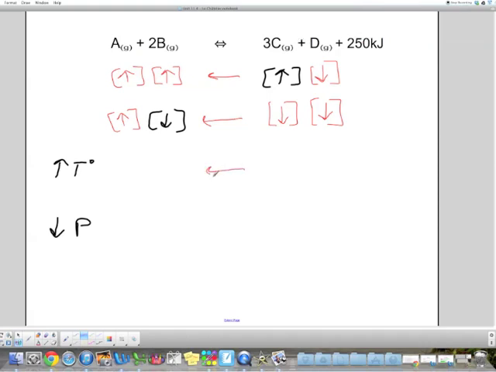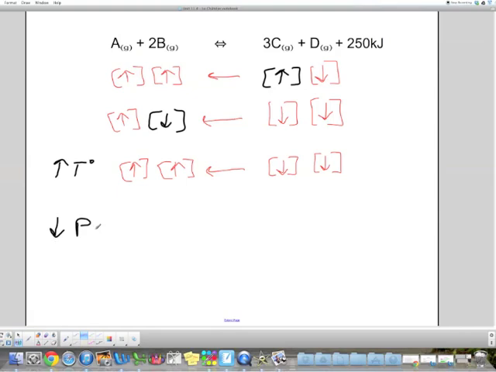So the reverse is being helped. And that means that these two are going to be consumed faster. And these two are going to start appearing faster. Then they will be used up.